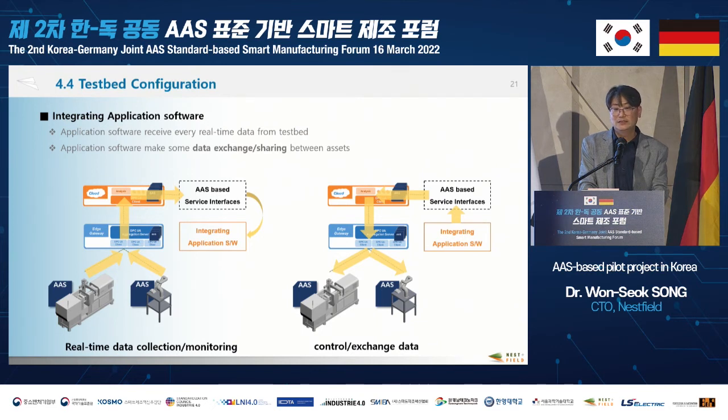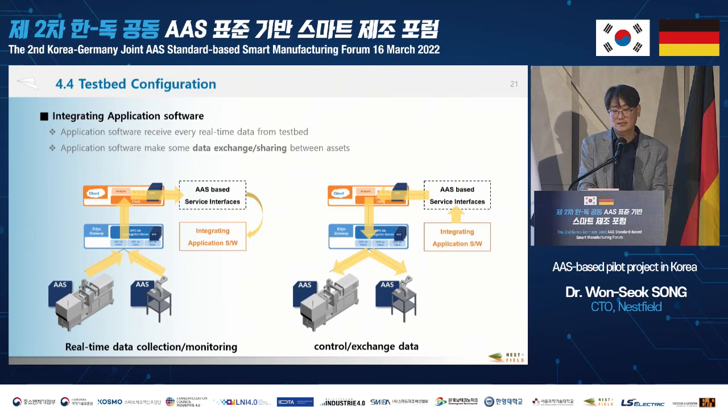This is the configuration. Through the edge onto the cloud, the information will be stored. And we have the application that can exchange the information between these two machines. Data exchange is really necessary to share the information.